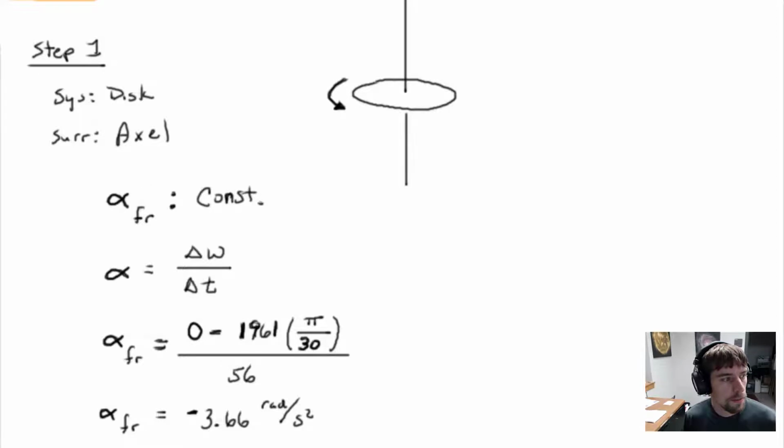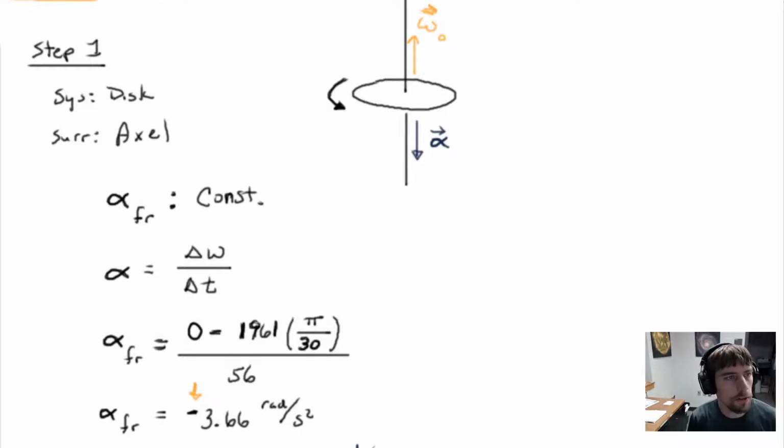So in this case, the angular velocity would be upwards in the positive y direction. This would be the initial. Because this ends up being negative, that tells me that my angular acceleration is actually in the negative y direction. This would be the direction of alpha.